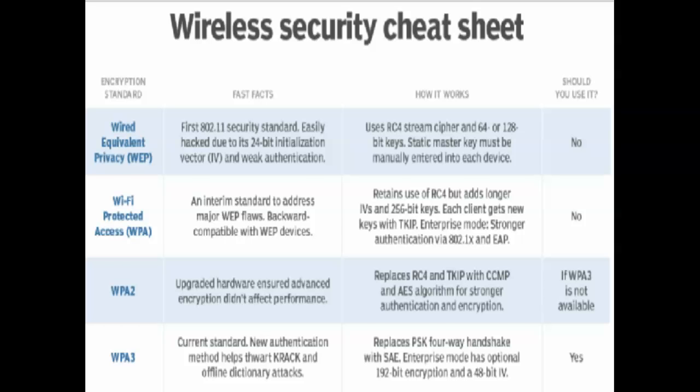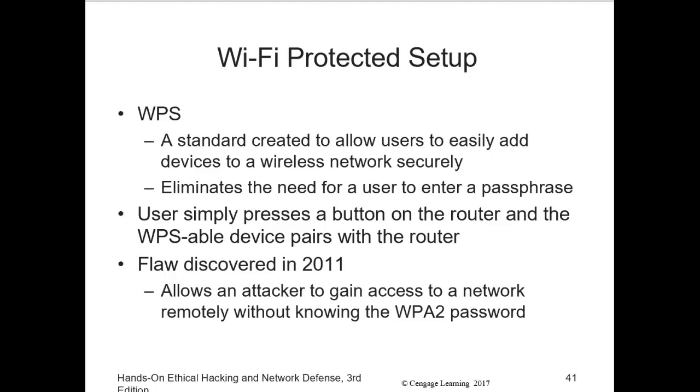Again, that's chapter 12. Now, Wi-Fi Protected Setup, WPS, is a wireless authentication where the user simply presses a button on the router, and the WPS-enabled devices will pair with the router, right? And it's usually a simple process of pressing the button on the router, and it pairs, right?